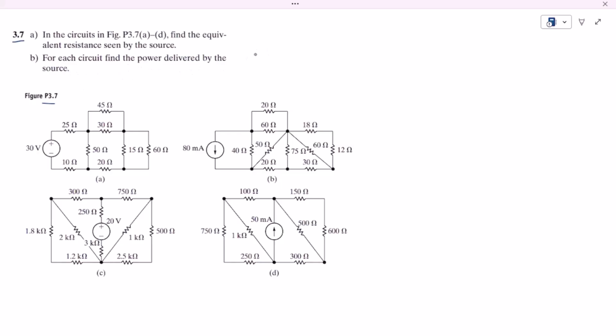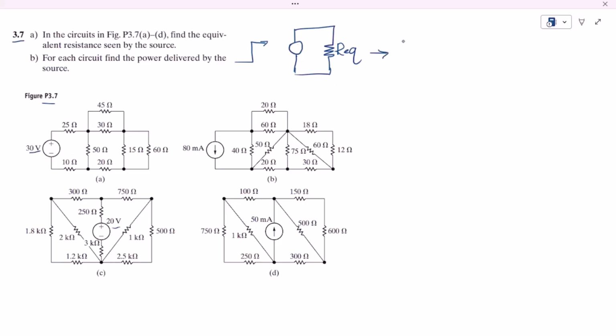Okay, so once you find the equivalent circuit, it will be composed of a single resistor, which is R equivalent, and the source, which can be either a voltage source or a current source. Here you can see that these are voltage sources, and these two are current sources.